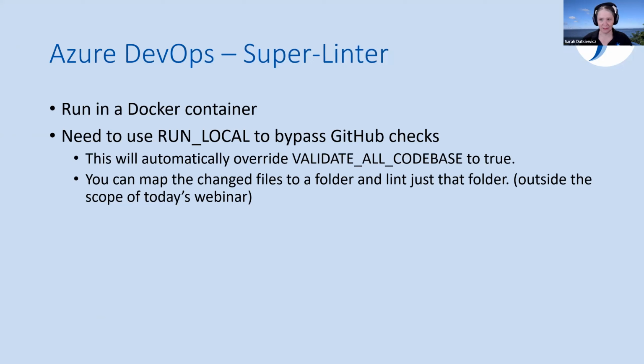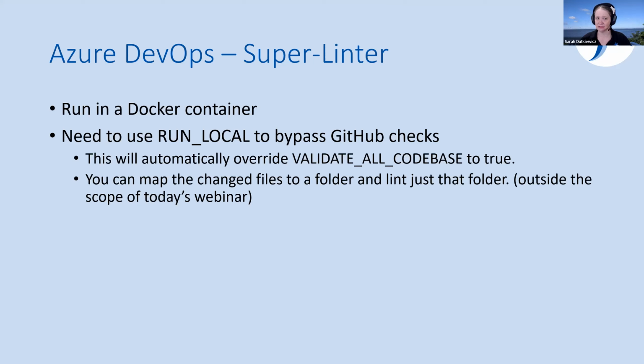For Azure DevOps, you need to run SuperLinter in a container, so in a Docker container. And then there's a flag on it called run_local. This will bypass the GitHub checks, because SuperLinter was written by GitHub for GitHub Actions initially, so there are some GitHub checks that it runs. So this run local applies, again, when running in a Docker container.